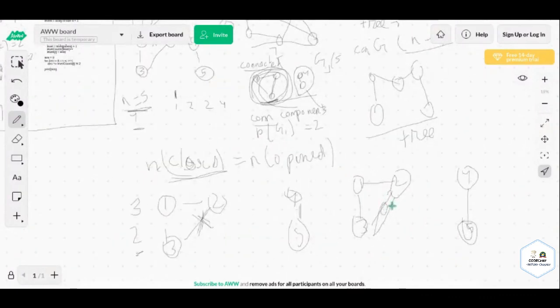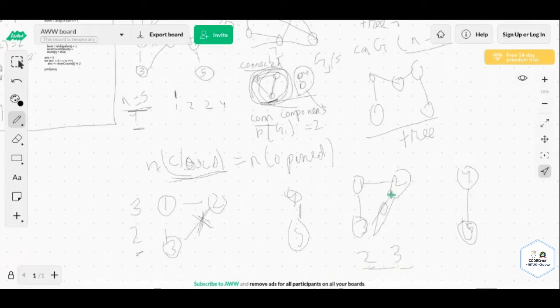So when we are processing the edges, what we need is to check, like when an edge between 2 and 3 comes, we have to check if 2 and 3 are already connected or not. If they are connected, we can add that edge to the closed ones.